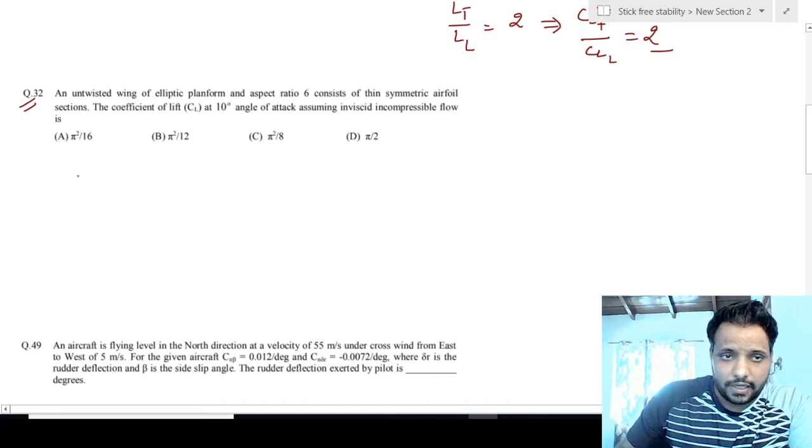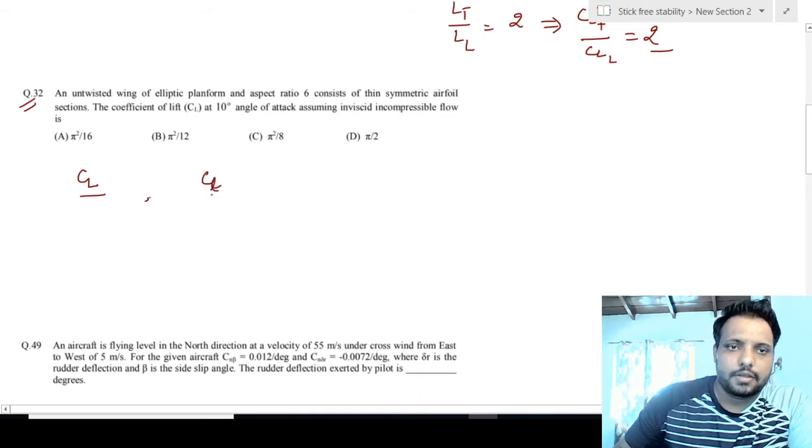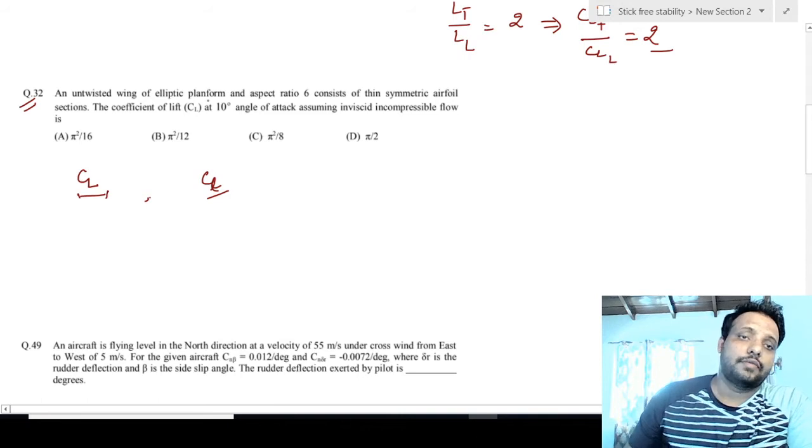So we have to find out CL. Okay, so from here first we will be finding out CL for the symmetric airfoil, and then we will be able to find out CL for the wing, untwisted wing.